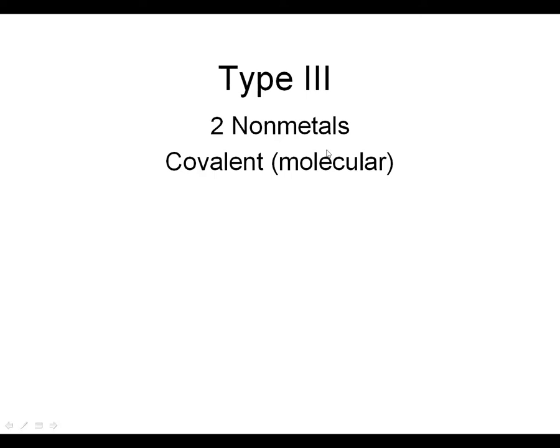So type 3 compounds basically are when two nonmetals come together. This is the type of bonding that we talked about where you have sharing of electrons happening. And really, these are the easiest to name, but they really are the ones that people screw up the most because they want to do all kinds of stupid things. So you shouldn't do those things.